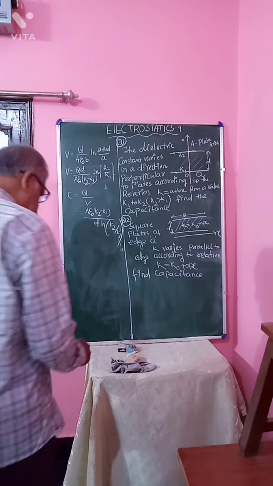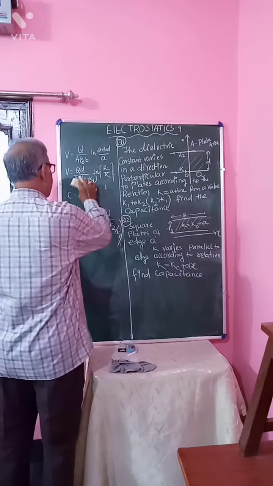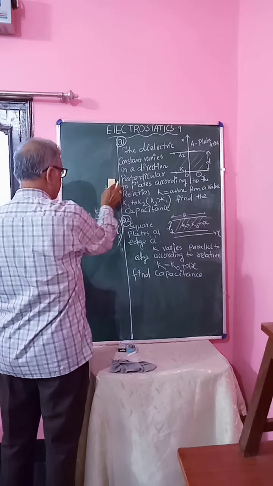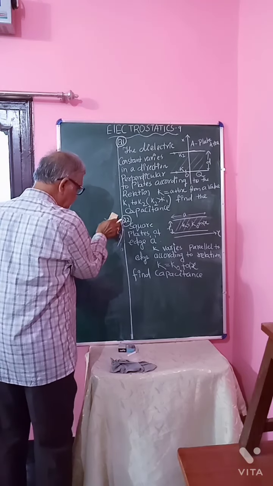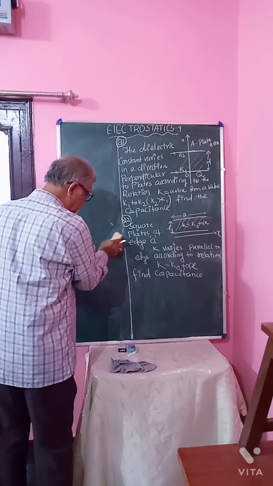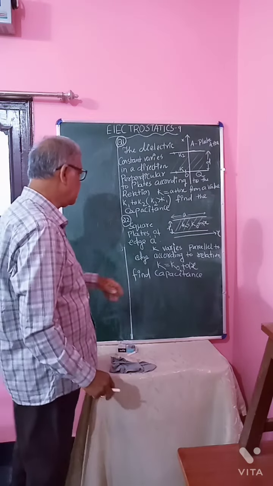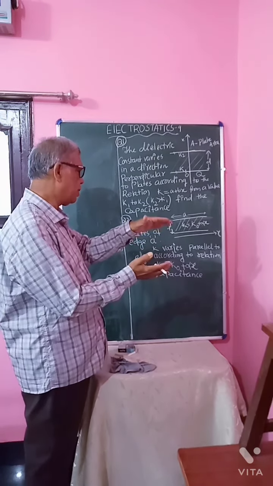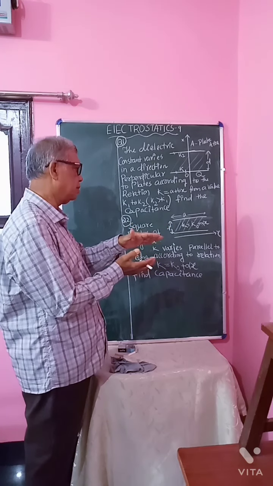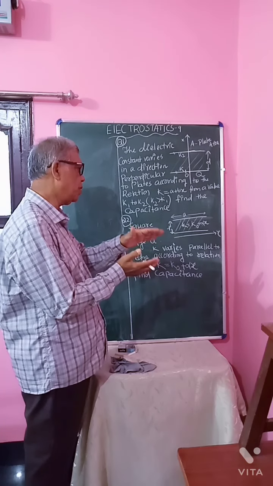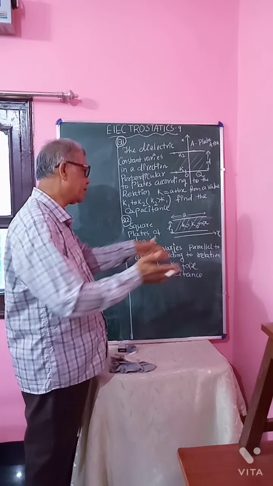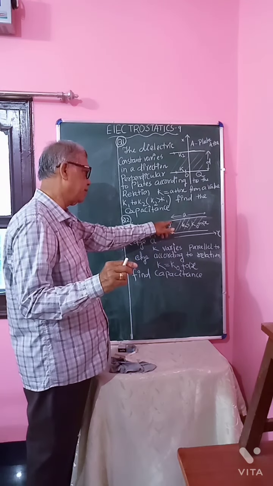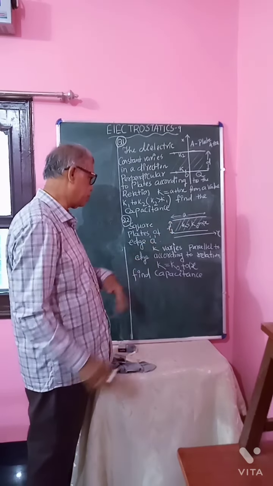Now the second question is a little bit different, but it is also to find out the capacitance. Here it is given a square plate. The parallel plate capacitor has two plates of square shape and each edge of length A, that is, area is equal to A square.